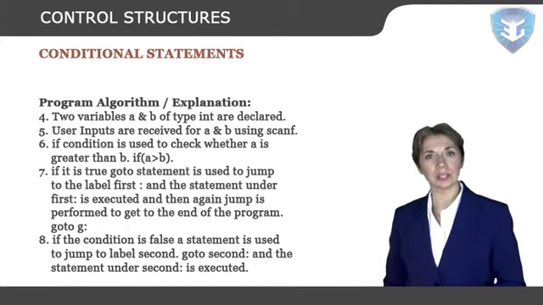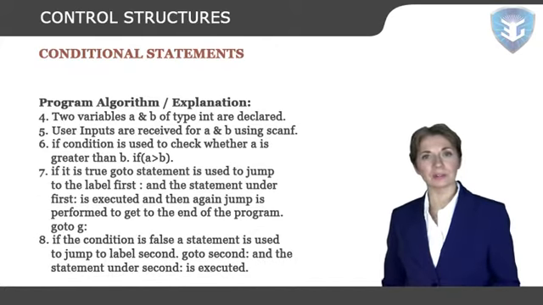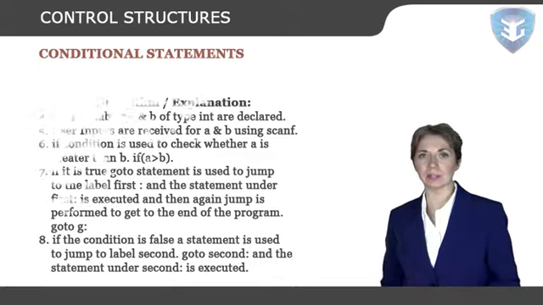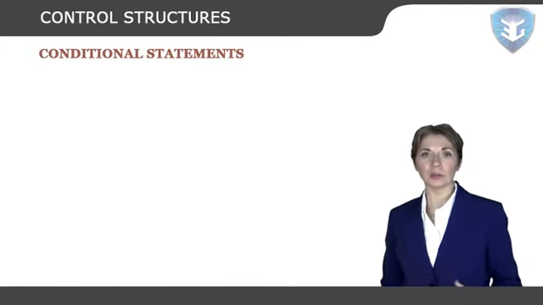Goto G. If the condition is false, a goto statement is used to jump to label second. Goto second, and the statement under second is executed. Output is shown on the screen.